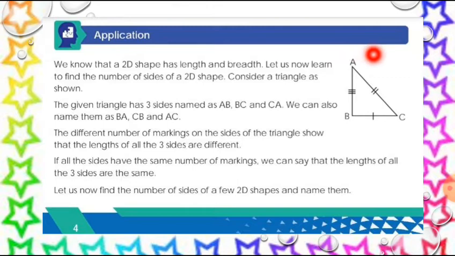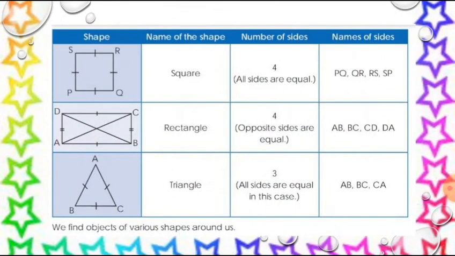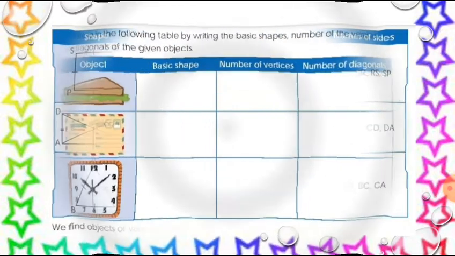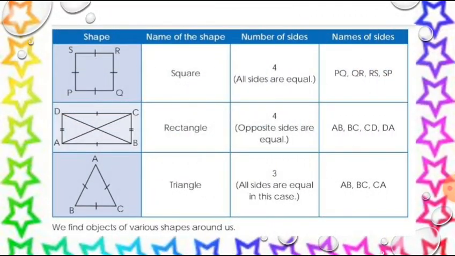Okay, children. Now let us find the number of sides of a few 2D shapes and name them. Look children, which shape is this, the first one? Yes, this is a square, isn't it? How can we know it is a square? Look, one line is drawn on all the sides, which means all the sides are same.